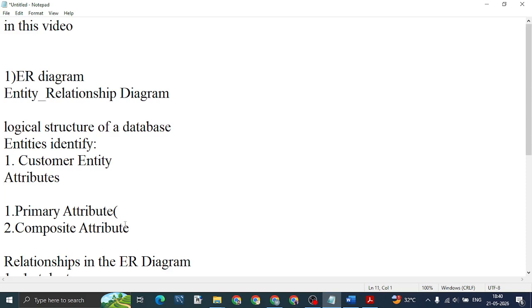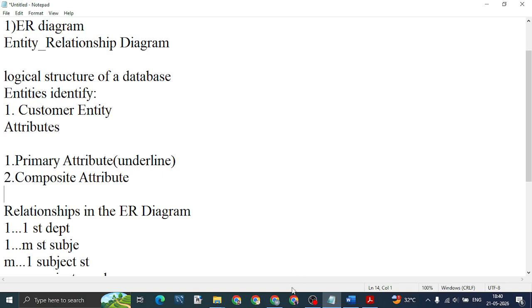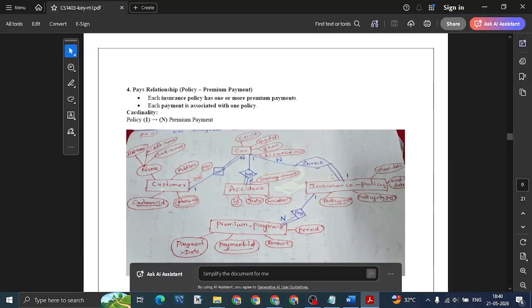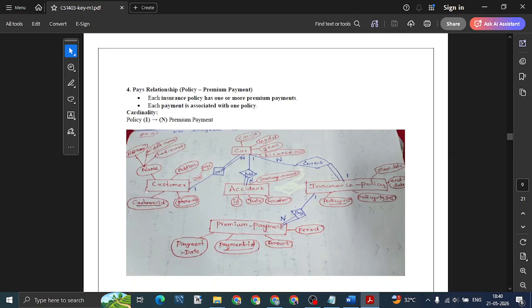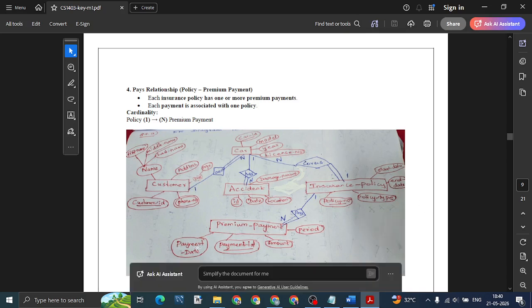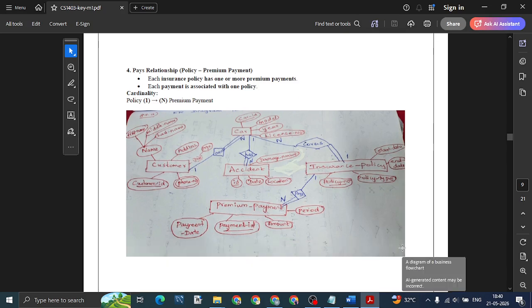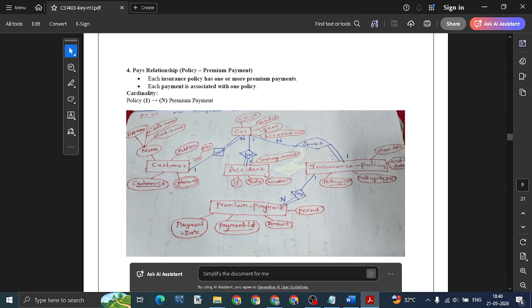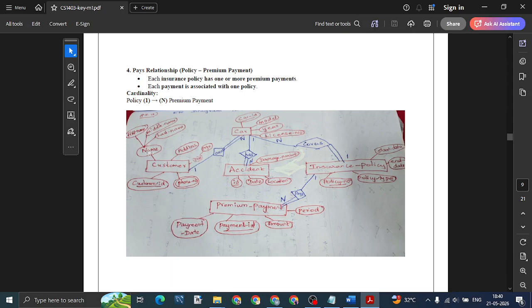The primary attribute is represented using an underline. So in my car insurance company, the customer has the customer ID as the unique name, so it is considered the prime attribute. For the car, the car ID; for the insurance policy, the policy number; and for the premium payment, the payment ID as my prime attribute. Okay, now after the prime attribute I may have the composite attribute, which may be split into n number of attributes, followed by my derived attributes, right?